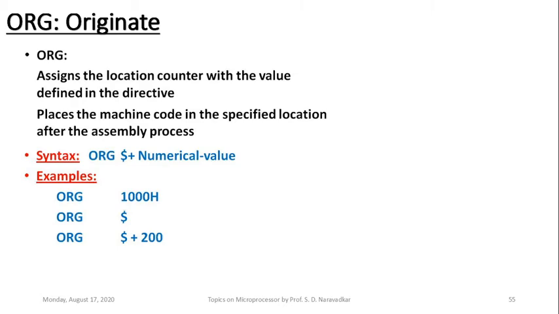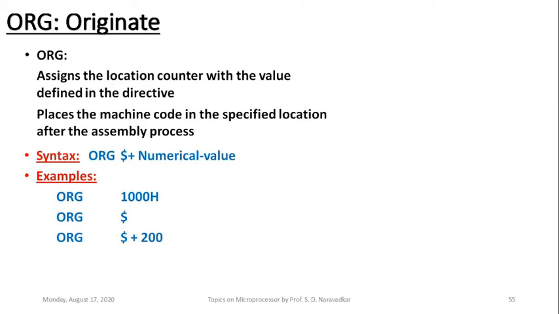It means if my current location counter value is say 1000, then dollar is 1000. So ORG dollar plus 200 means that after the assembly process, the machine code will be placed at memory location 1200 hexadecimal onwards.